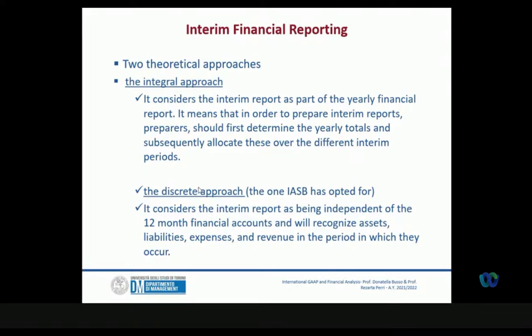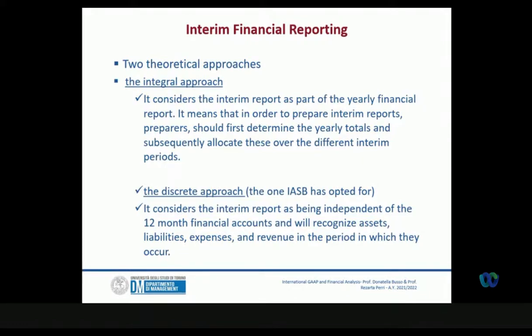Under this approach, we consider the interim report as being independent of the 12-month financial accounts, and we recognize assets, liabilities, expenses, and revenue in the period in which they occur. This means more work for us because we have to apply the standards that relate to revenue recognition, expense matching, and so on, more often.